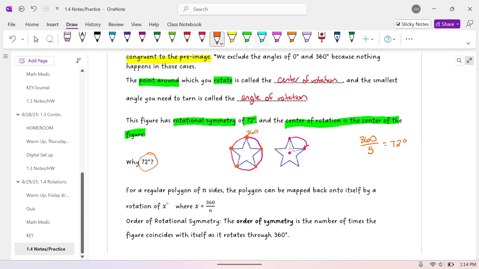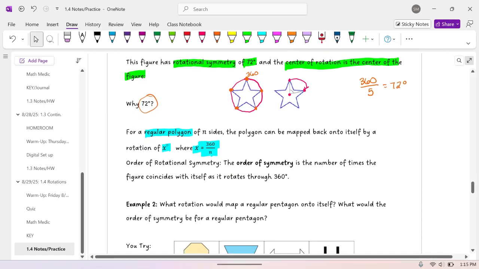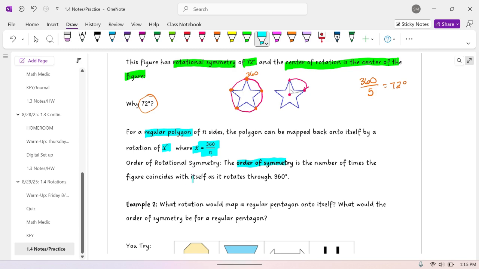So that's also where this comes from, x equals 360 over n, because if it's a regular polygon, meaning all the sides are congruent, it can map on itself at x degrees as long as we divide by the number of sides that we have. Now, the order of rotational symmetry. Order of symmetry is the number of times the figure coincides with itself as it rotates 360 degrees.